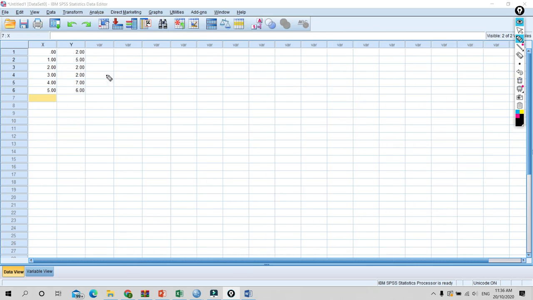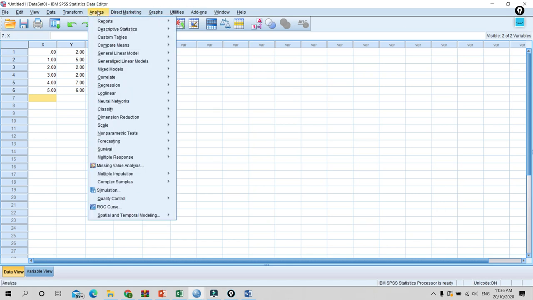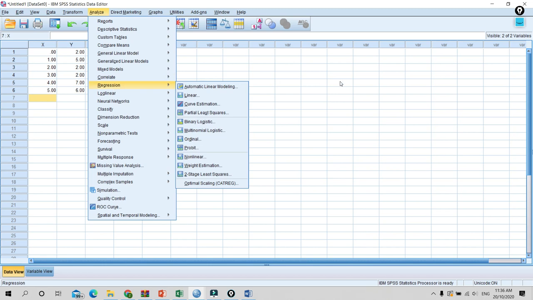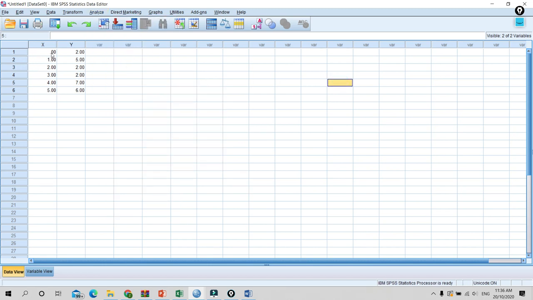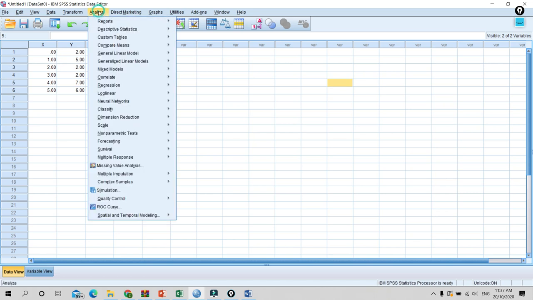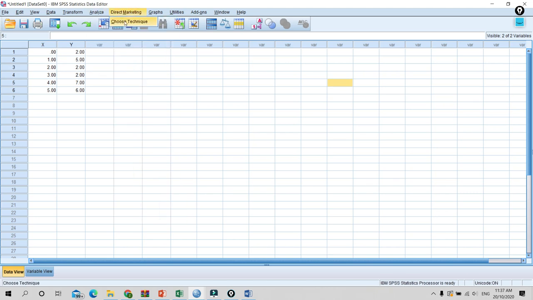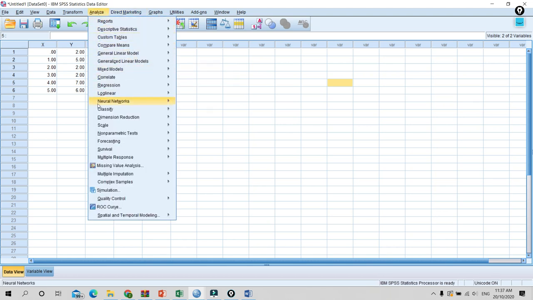To find the regression line, I go to analyze. You click analyze. Then you go to regression. First we need to have data x and y. Then we go to analyze, and there will appear a lot of analysis options here.